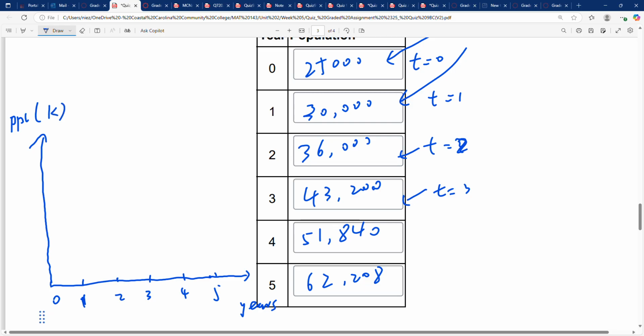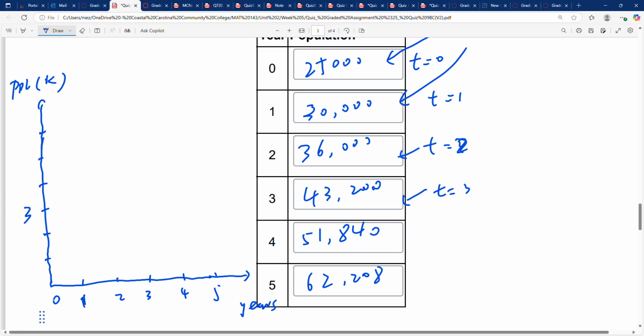The value is in k. So here let's put 1, 2, 3, 4, 5. Make it longer. 6. The axis means population in thousands.